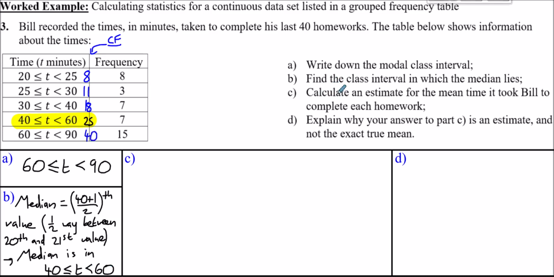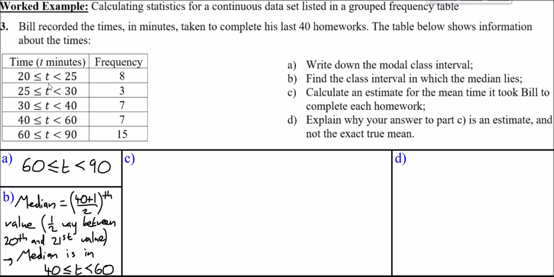Part C, we're asked to calculate an estimate for the mean time it took Bill to complete each homework. So now we're done with this cumulative frequency business, we can just clear all this off, like so, and focus on the business of doing an estimate for the mean time. Now, I'm hoping you might remember this from GCSE, but what we need are 2 extra columns.